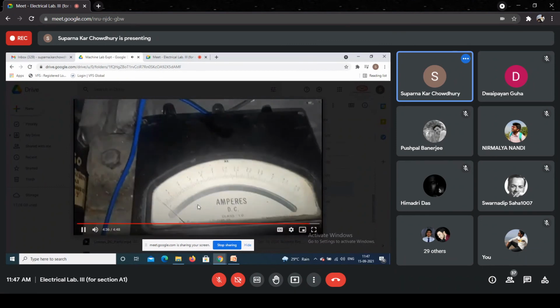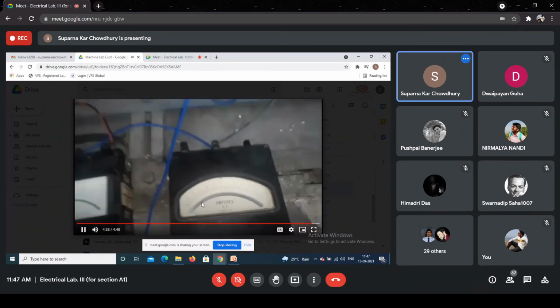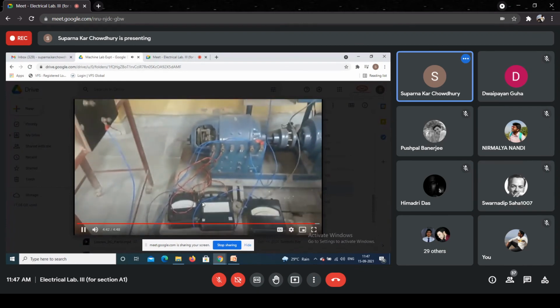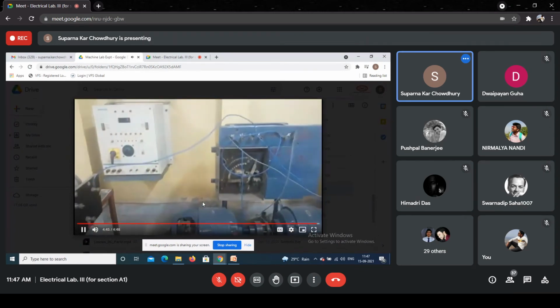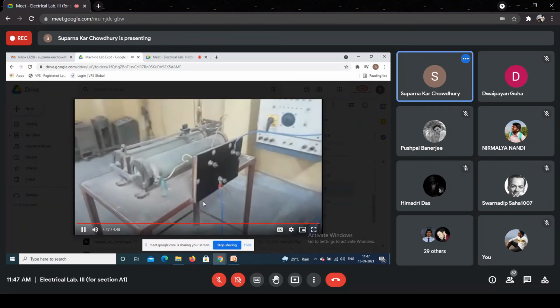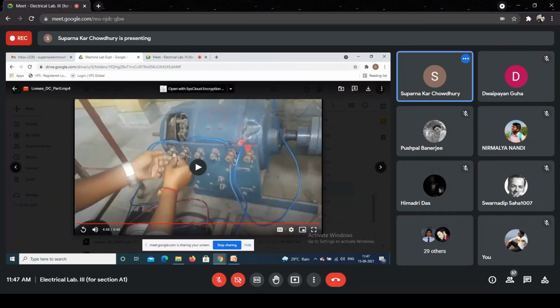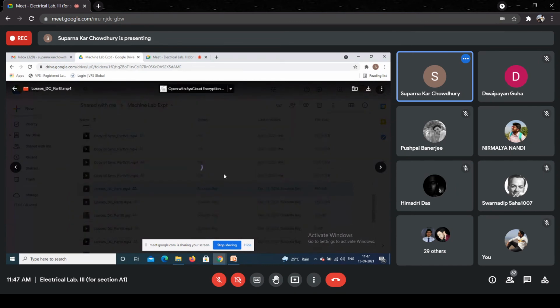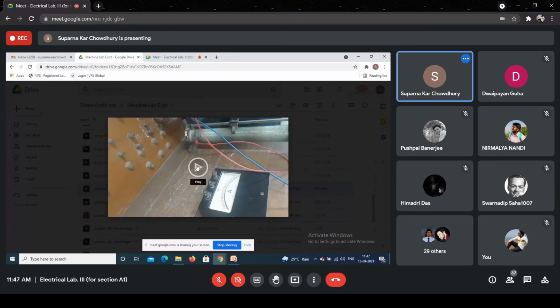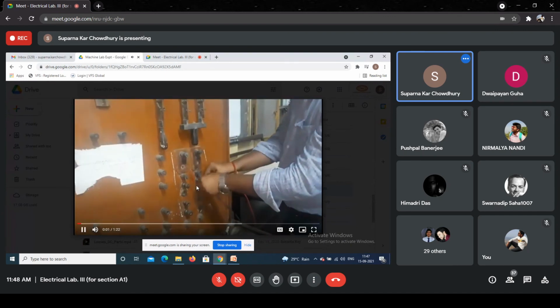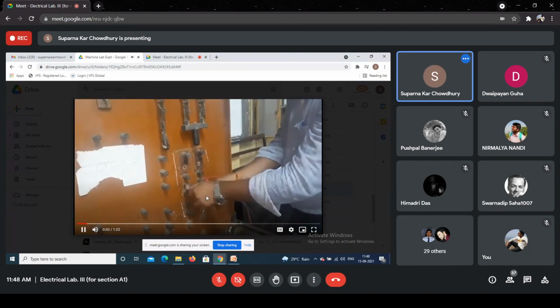So these 3 meters are in the motor circuit. This is the generator field connection.